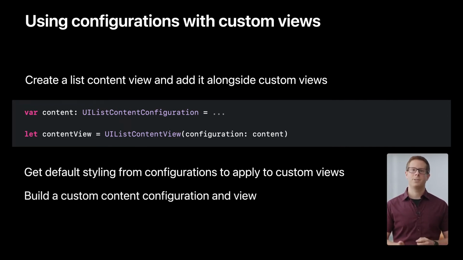And for more advanced use cases, you can create a completely custom content configuration type with a paired content view class that renders it, and then use your custom configuration with any cell, the same way that you would use a list content configuration. With a custom configuration, you can take advantage of all the features that we've talked about, including allowing your custom configuration to automatically update itself for new states. No matter how complex or custom your cells are, you'll be able to take advantage of the power of configurations.